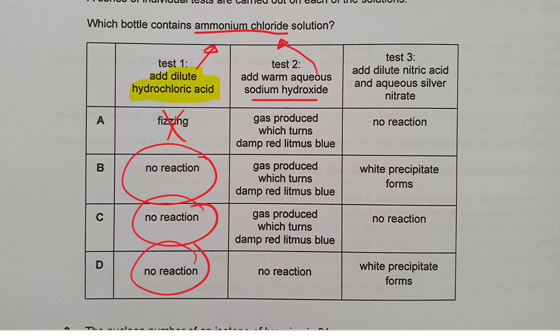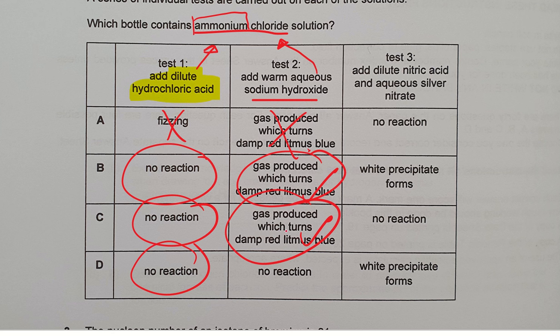I would like you to recall the chemical property of alkali. If I warm aqueous sodium hydroxide with an ammonium-containing compound like ammonium chloride, ammonia gas will be produced. This gas produced will turn red litmus paper blue. So A is already out. B and C will give you the correct test result.